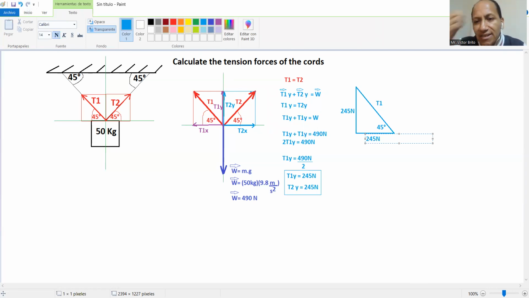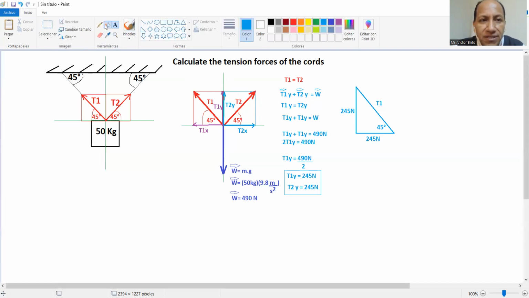Why is that? Because 45 degrees is specifically the division of 90, right? Allow me to explain this in a better way. Take a look at this square. A square has 360 degrees.